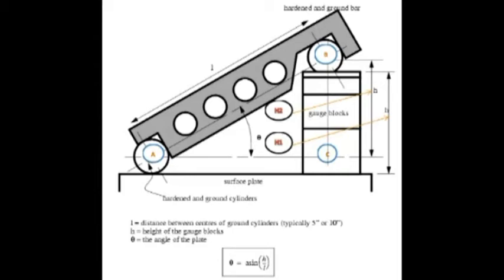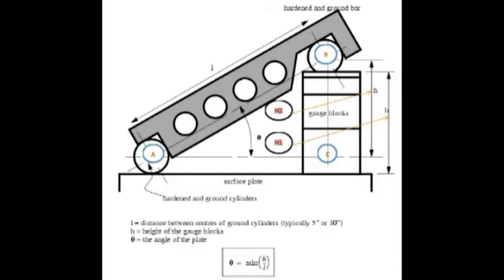The normal distance between the axes of the rollers is exactly 100 mm, 200 mm or 300 mm. When the rollers are brought in contact with the flat surface, the top of the bar is parallel to the surface. The various parts are hardened and stabilized before grinding and lapping.